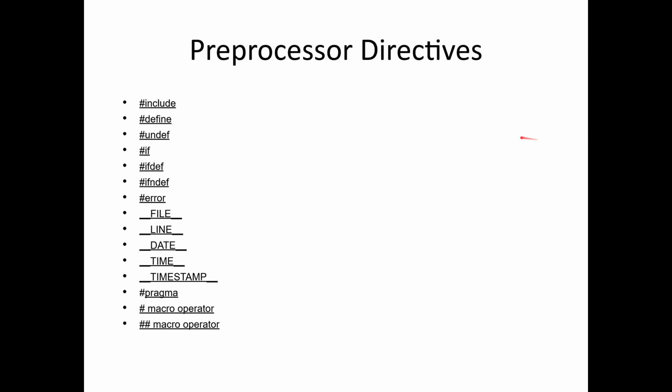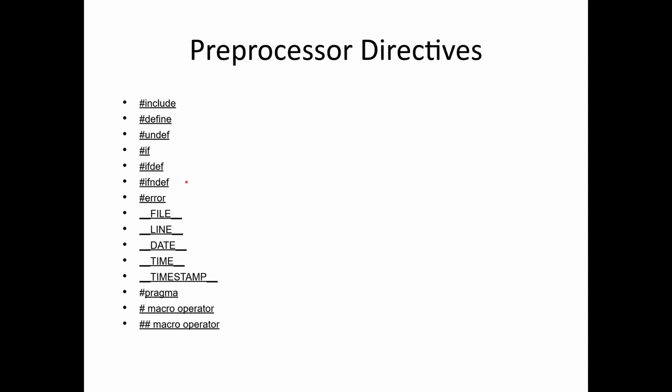These are not all of the preprocessor directives, but these are a lot of them. Include, as we mentioned earlier, can be used to copy and paste entire files into your source code. Define and undef can be used to define macros and constants, or remove those definitions if you need to use them for something else or just need them to go away.